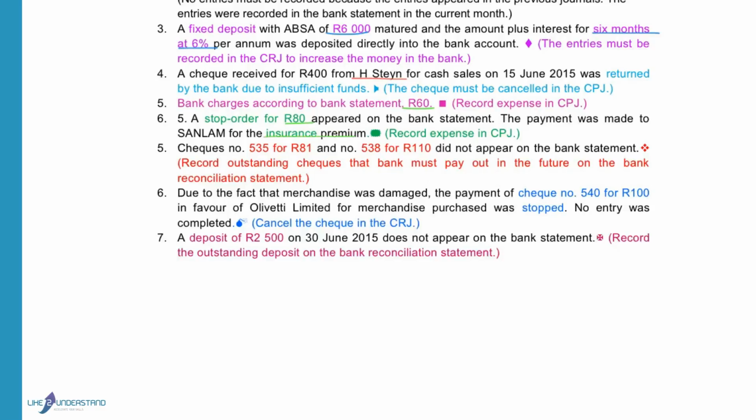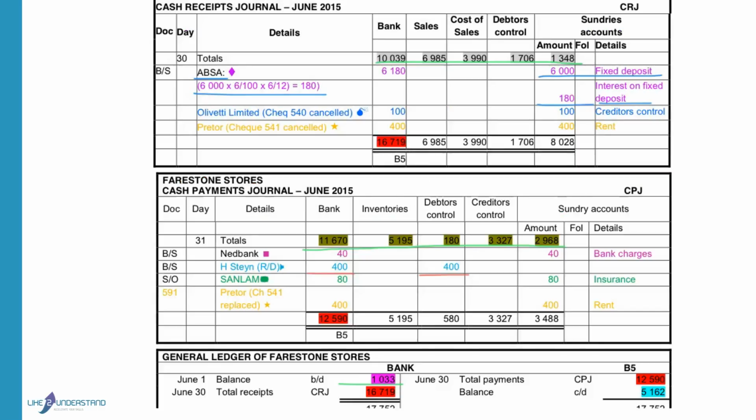So we also have to record the 80 Rand in the cash payments journal for money going out of the business. To Sanlam, we will show the 80 Rand and that the insurance was paid out of the bank, and we will show that to Netbank we paid bank charges of 40 Rand.